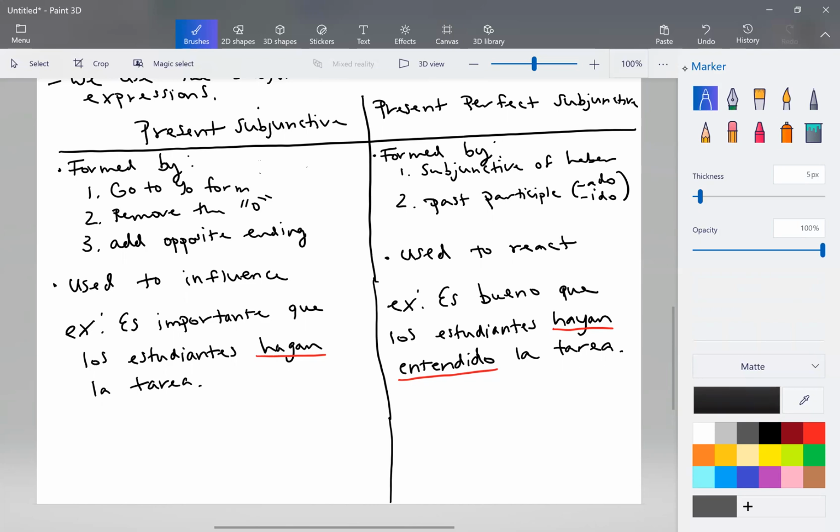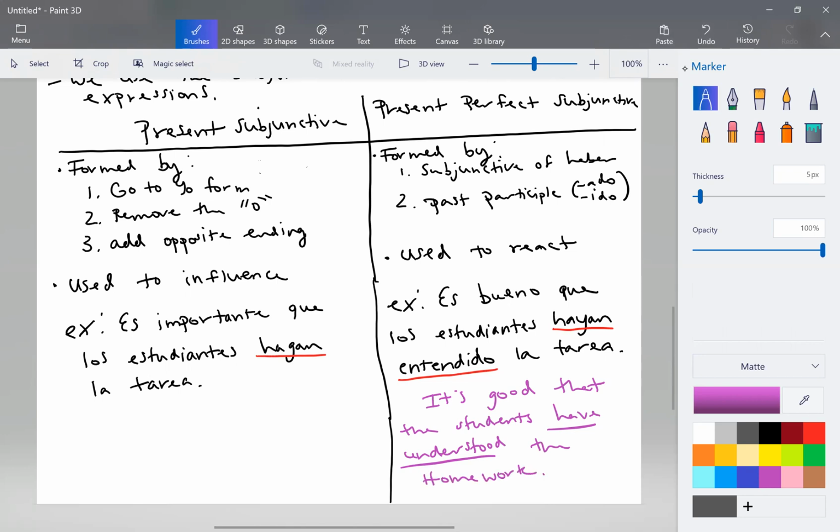The present perfect subjunctive says it's good that the students understand the homework. Yes, yeah. So very close, very close. There's just a little subtlety. So it's good that the students have understood the homework.